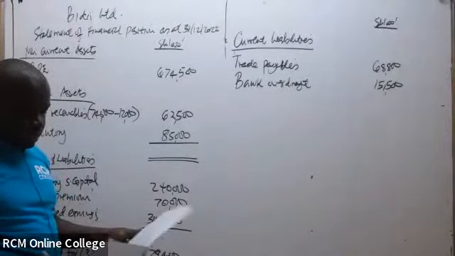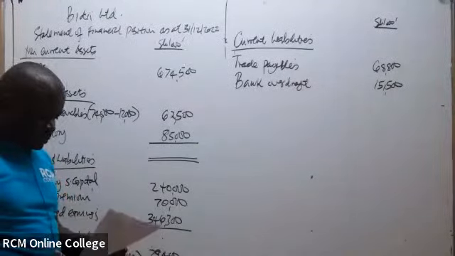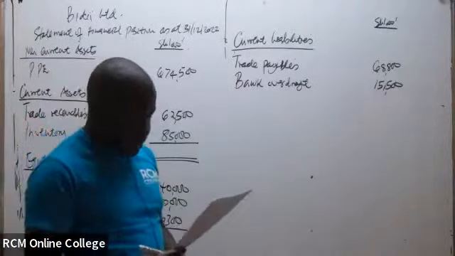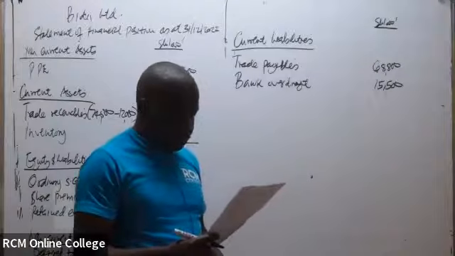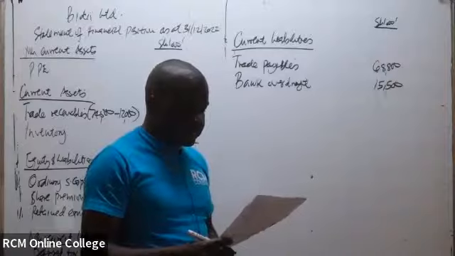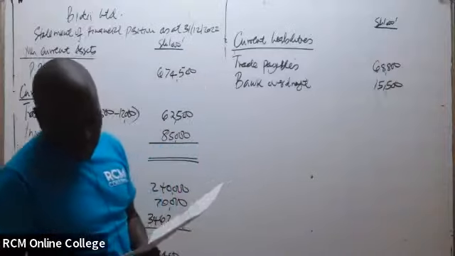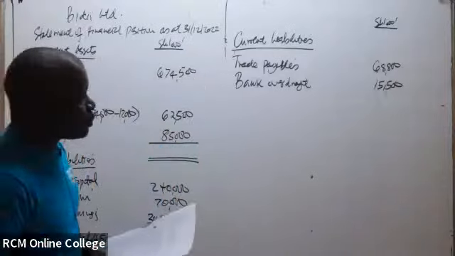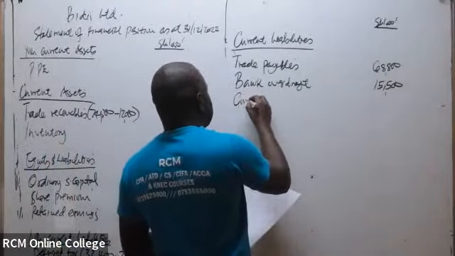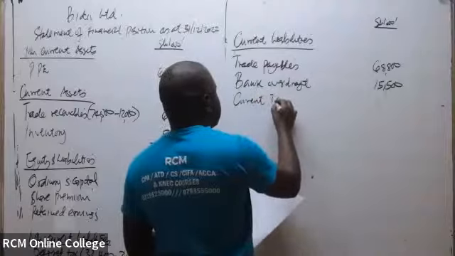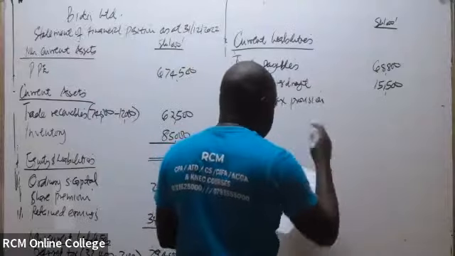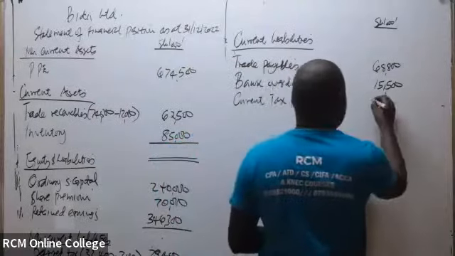Then if you look at note number 4, a provision for current tax for the year ended 31st of December was 52 million. It was a provision, they didn't settle it, so they'll pay it later in the coming year. It was an amount of 52 million.